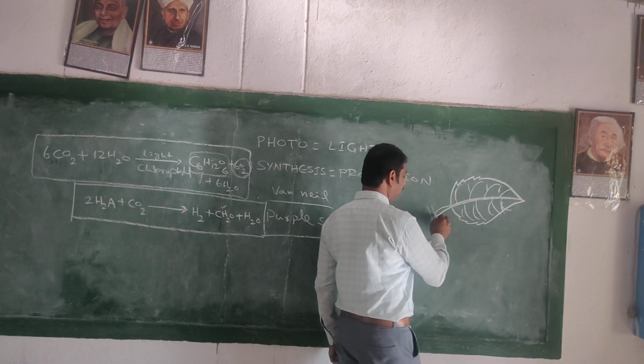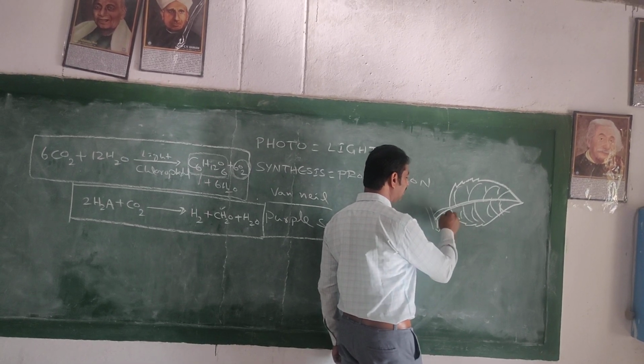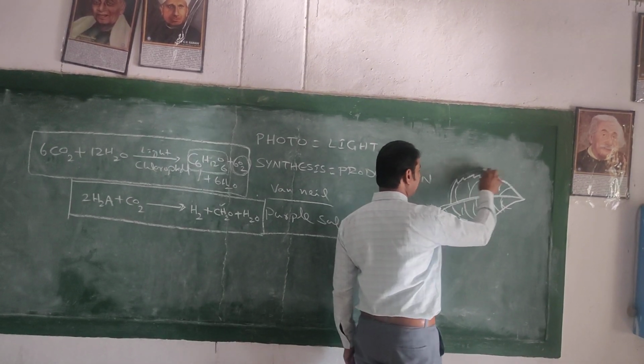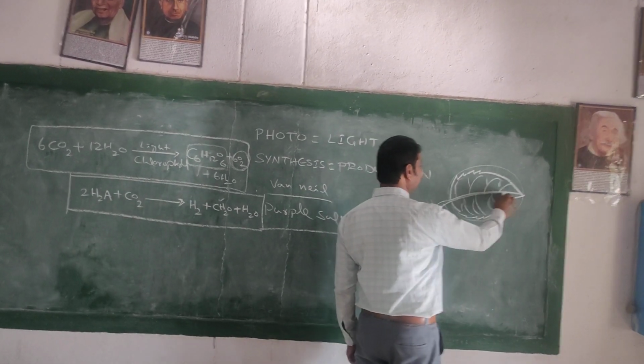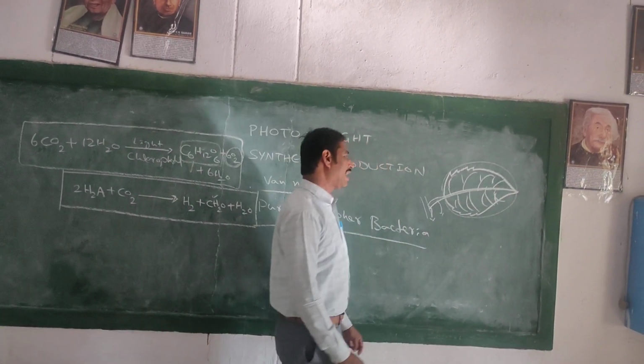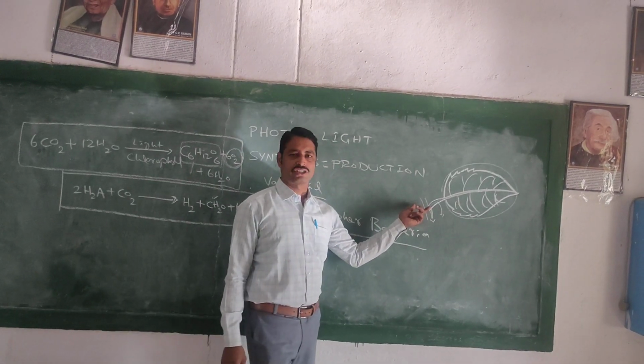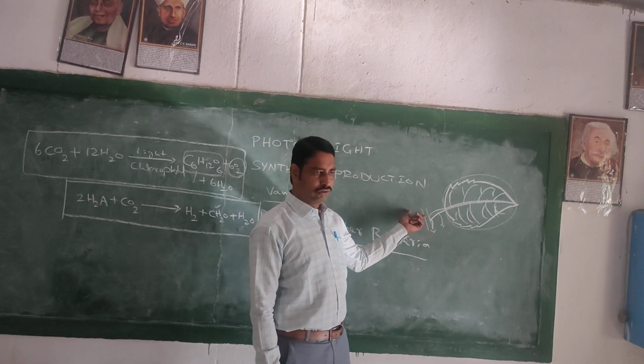The entire portion after the petiole is called the lamina or leaf blade, where the midrib is present. In the midrib, vascular tissue is present for the conduction of water and food.